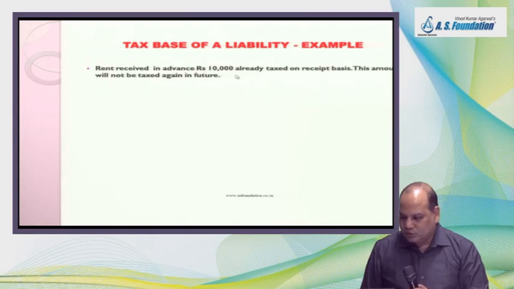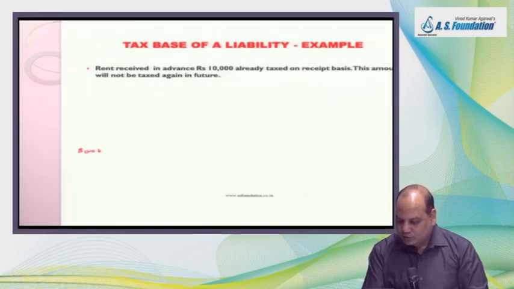We'll take one small example. Same example I wanted to explain. Suppose rent received in advance is 10,000, already taxed on receipt basis. Now first you understand in the books of account what entry I have passed.